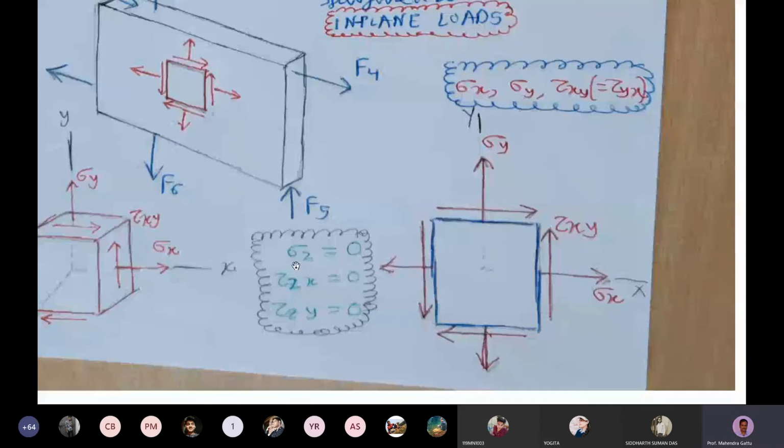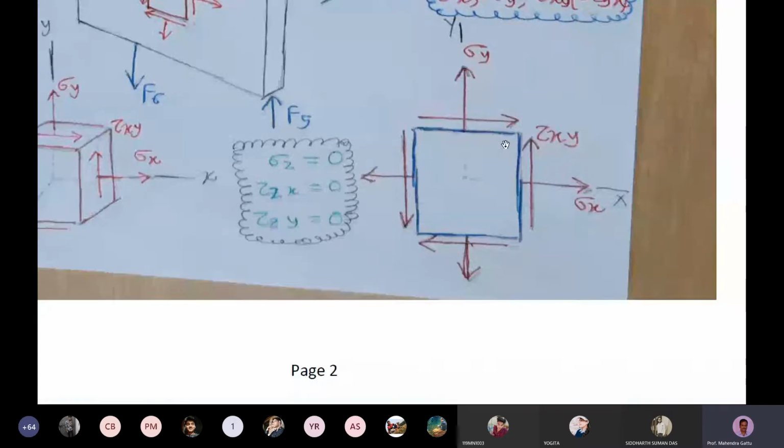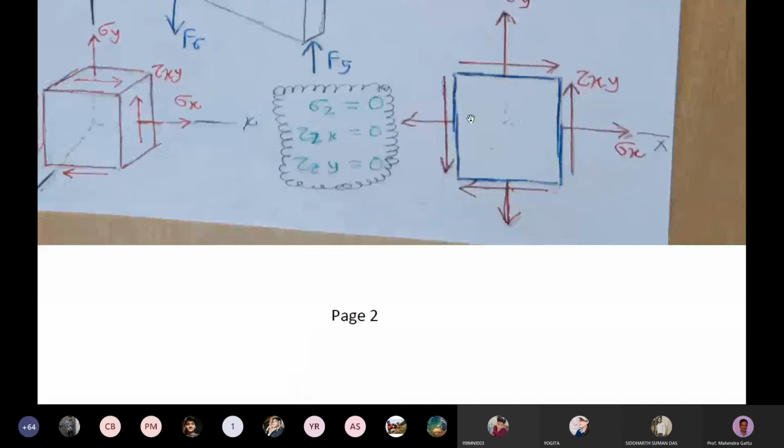Sigma z, tau zx, tau zy are zero. We will be finding the transformation relations when you rotate this coordinate system to x prime, y prime. What will be the corresponding sigma x prime, sigma y prime, tau x prime y prime? That problem we will set up now.